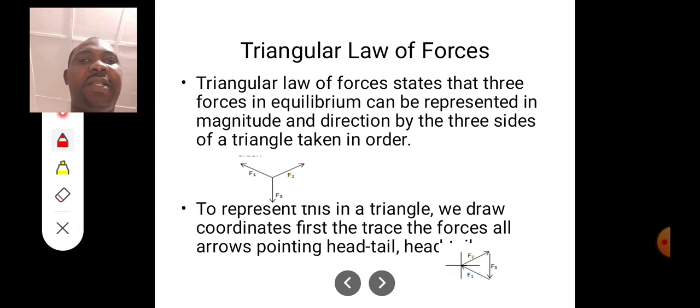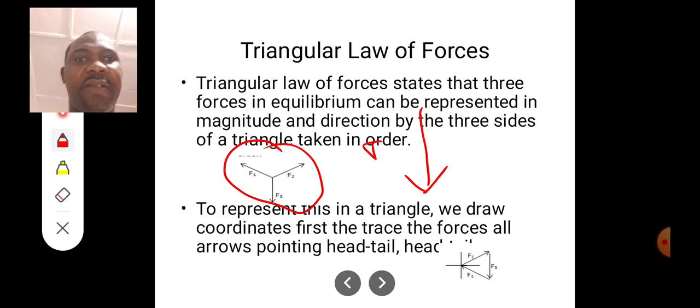Now look at the next statement. To represent this in a triangle, we draw coordinates first, then trace the forces, all arrows pointing head to tail. You can start with any of the forces. Let's assume I start with F3. F3 acts downward. This is F3. After F3, the next is F2, acting this way.